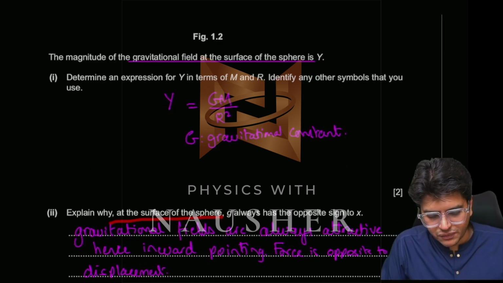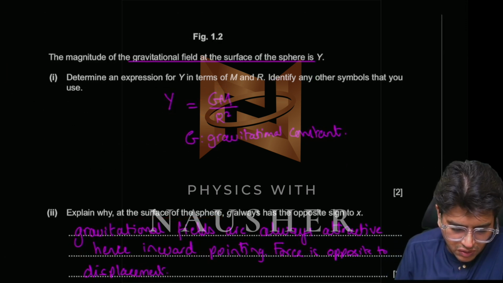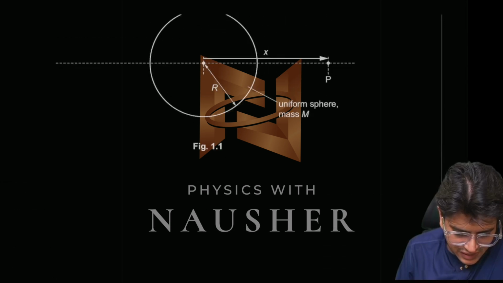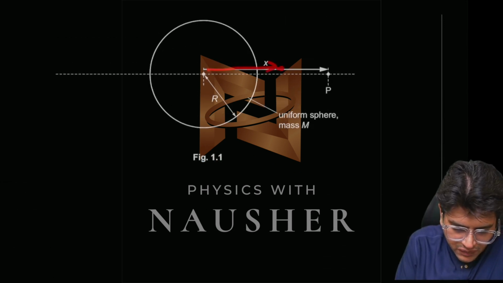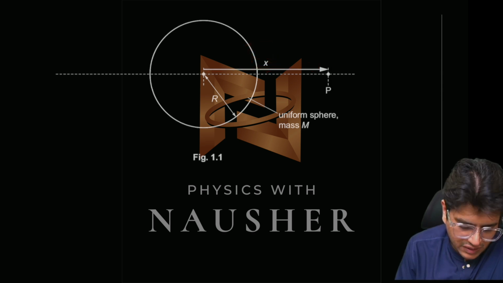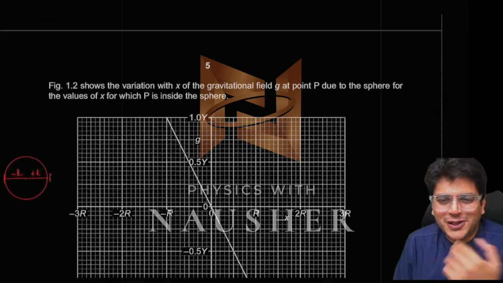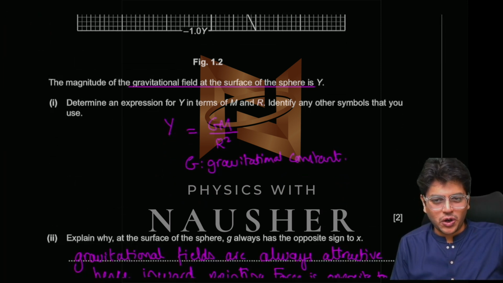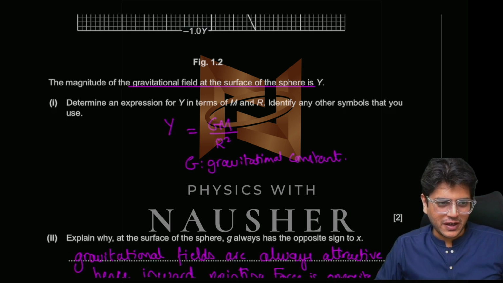Explain why at the surface of the sphere G always has the opposite sign to X. Now X is pointing outward. Why does the gravitational field always point inward? The answer is very simple: gravitational field strength is always attractive, it pulls you in.